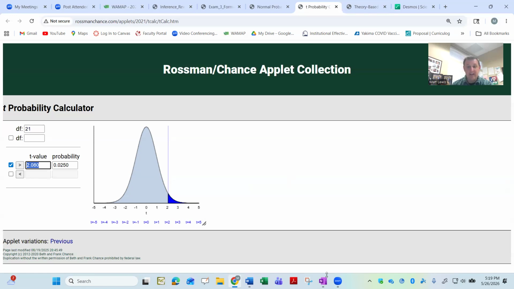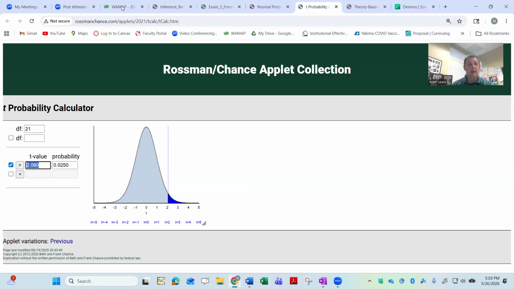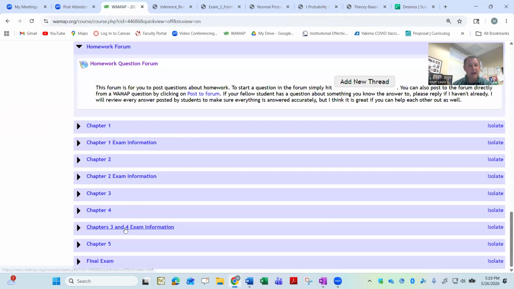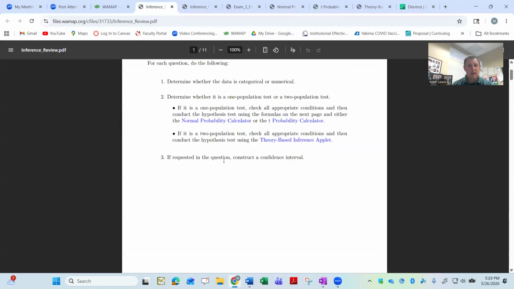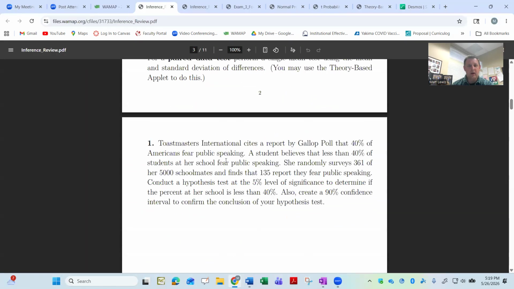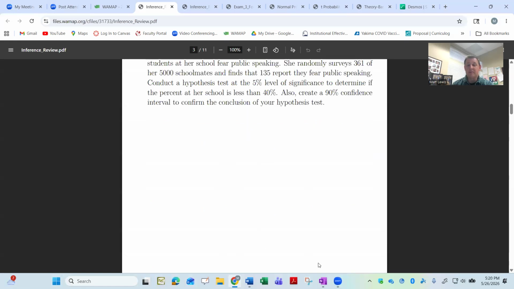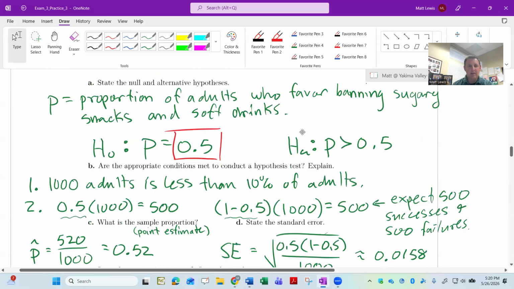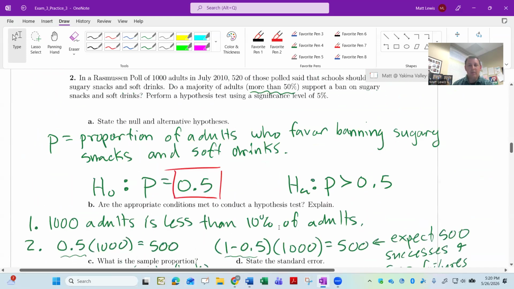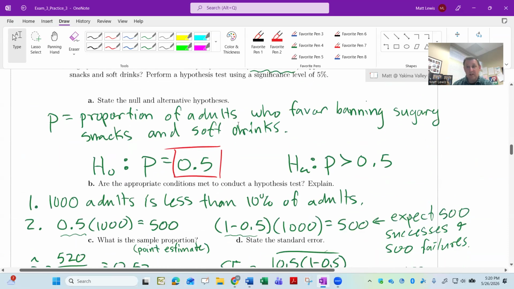Okay, and then finally, here's the last thing I want to say before I let you go. In that review packet, going back here again, what you'll see is that you have problems with just a blank underneath. The problems that we just did in practice had definitely parts A, B, and C. The exam will be more like number 2 here, where I say, okay, state the null and alternative hypothesis for me.